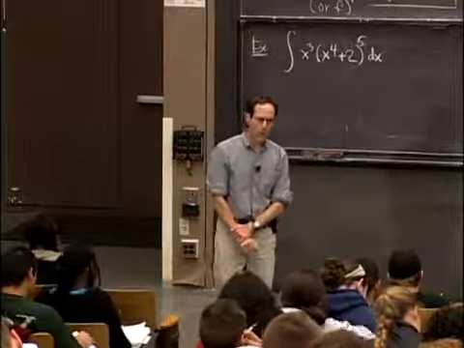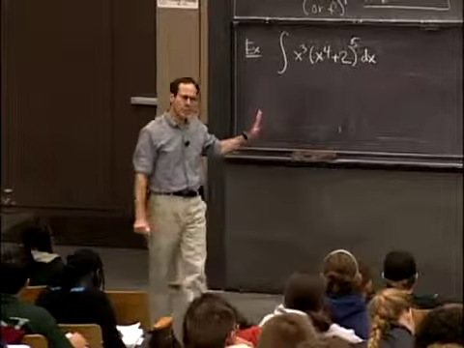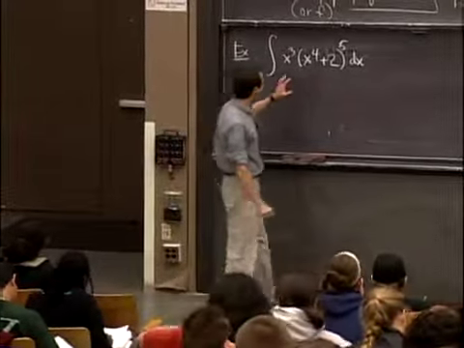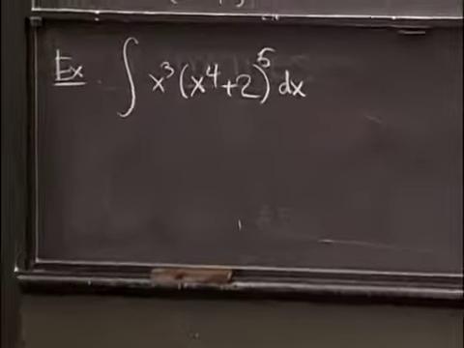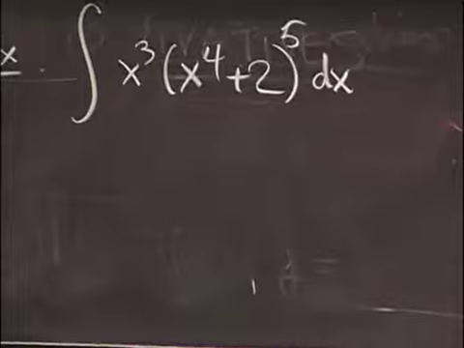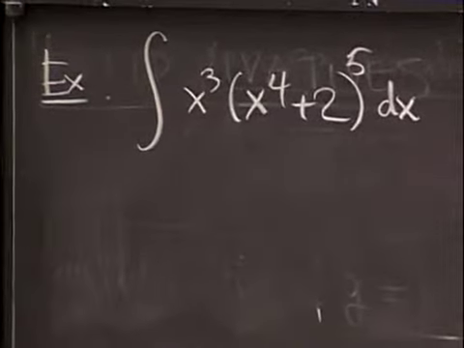This is a function which you actually do know how to integrate because we already have a formula for all powers. Namely, the integral of x to the a is equal to this, and even if it were a negative power, we could do it.